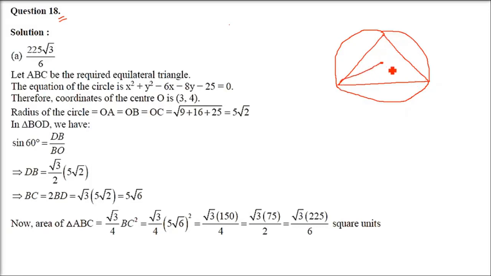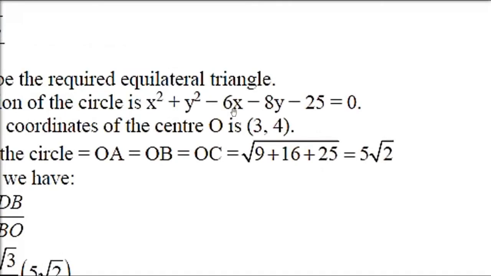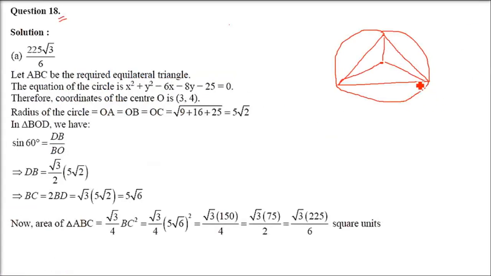So this is the radius, and the equation of the circle is also given. So the center can be easily found. Equate the circle equation with 2gx, find minus g, compare minus 8y with 2fy and take minus f. So (3, 4) is the center.